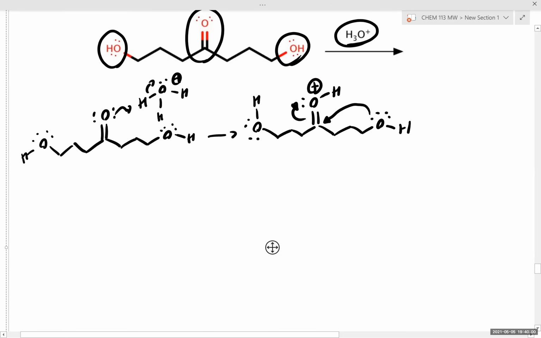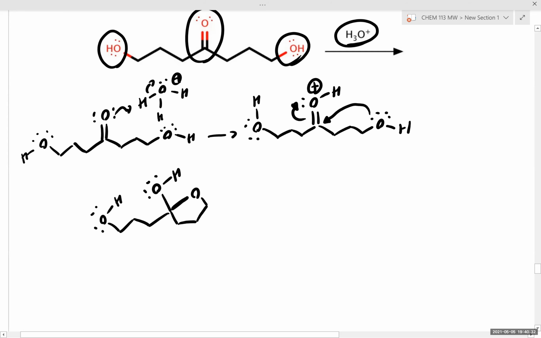Remember, intramolecular reactions are orders of magnitude faster than intermolecular. 1, 2, 3, 4, 5. That in turn generates this 5-membered hemiacetal, or in this case, hemiketal, because it's ketone derived.